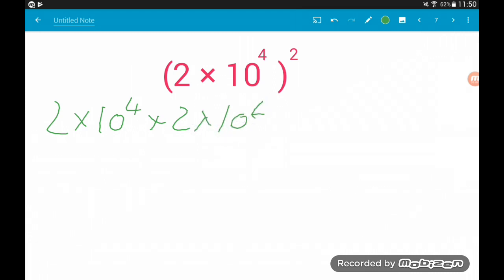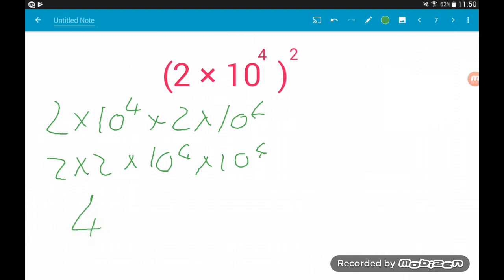Now if we do what we've done in the previous examples, we could rewrite that as 2 times 2 times 10 to the 4 times 10 to the 4. Now 2 times 2 is 4, and 10 to the power of 4 times 10 to the power of 4 is 10 to the power of 8.